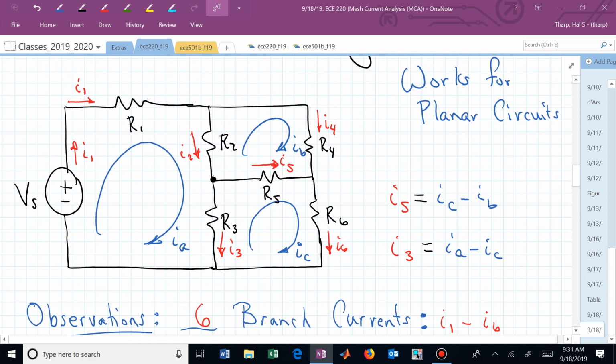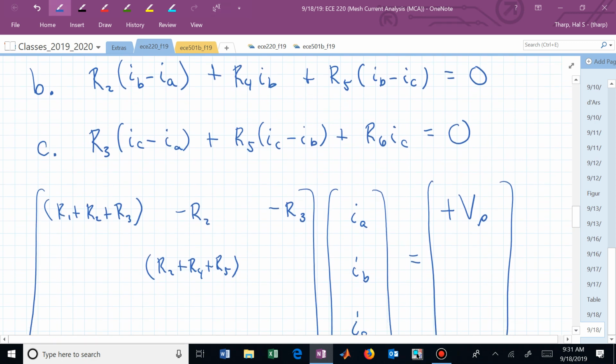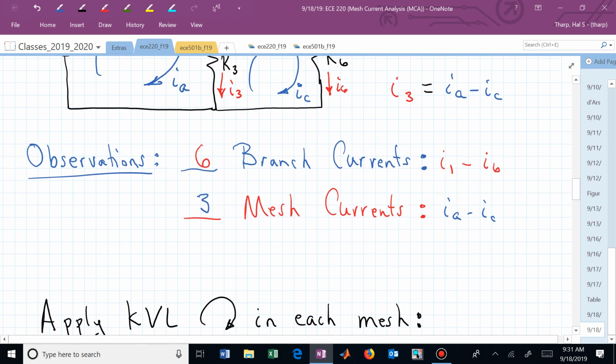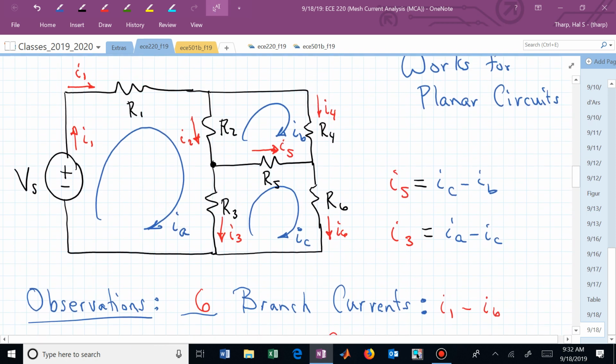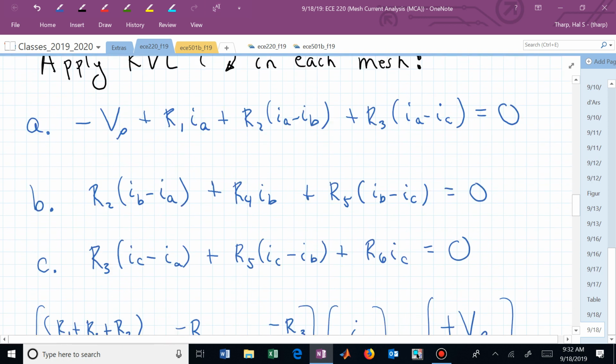Then I go back and I say, okay, is there any resistor shared between mesh B and mesh A? R2, that comes in with a negative. And that was in the I sub A entry. What about any resistors shared with mesh B and mesh C? R5, and that comes in with a negative.